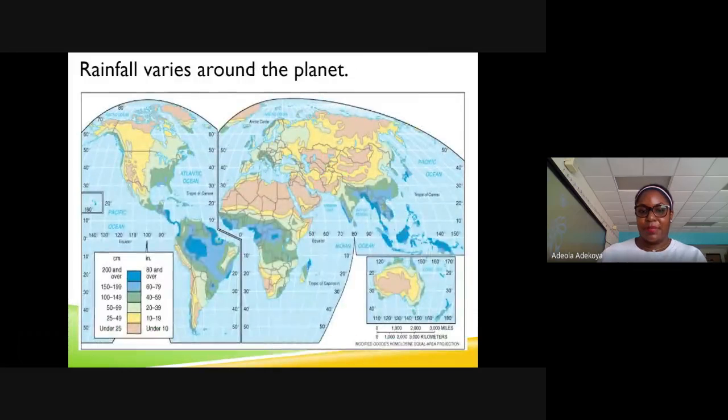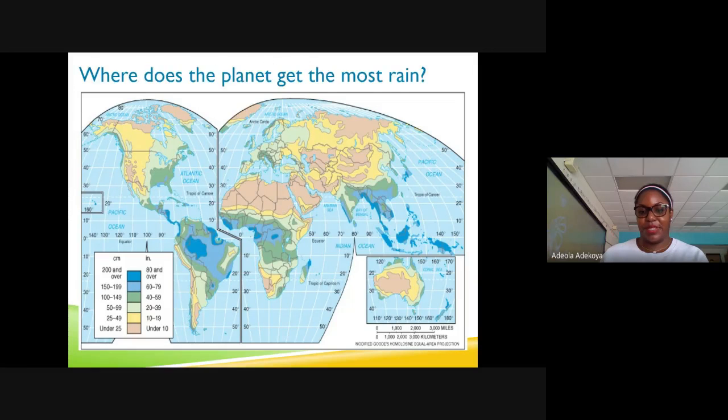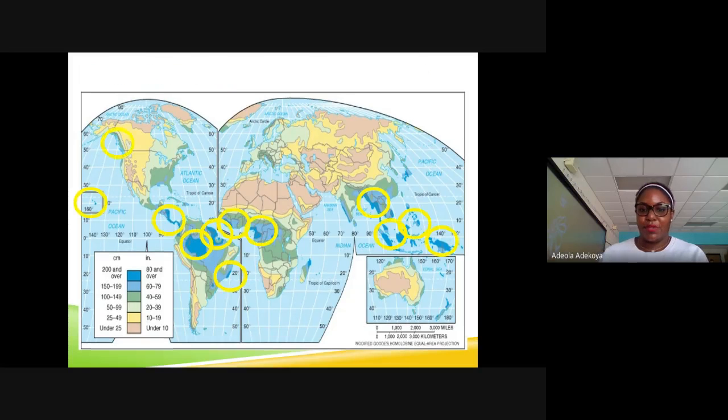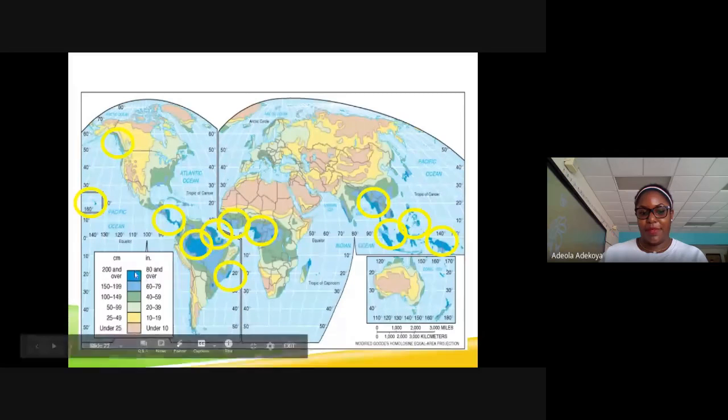These are various climate zones around the world. And we're going to look at the rainfall and how it differs in different places. Where does the planet get the most amount of rain? Right there. And if we're reading this map, using the key is also very helpful.